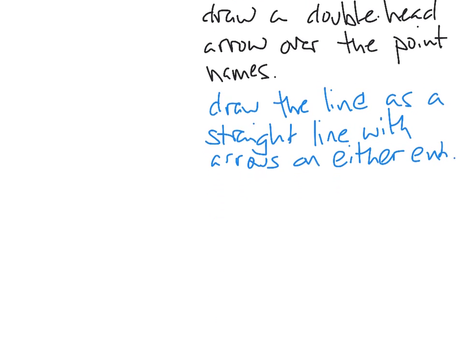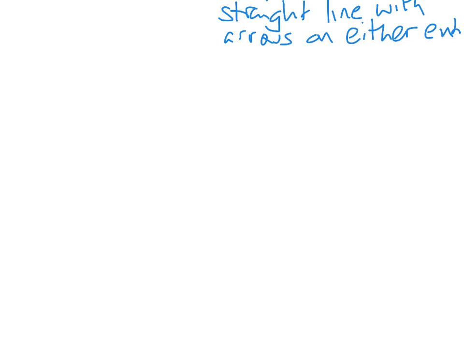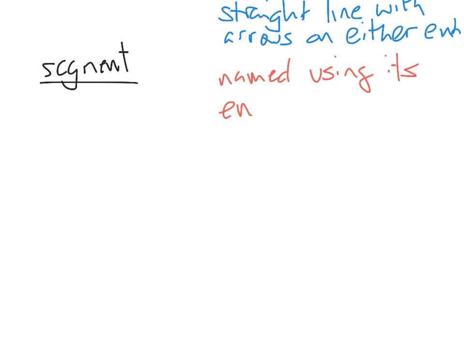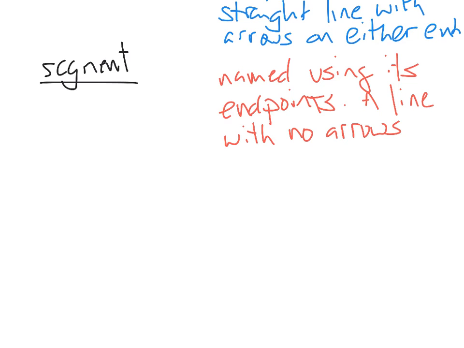Alright, next, we have a segment. A segment is named using its endpoints, a line with no arrows is placed over the point names.